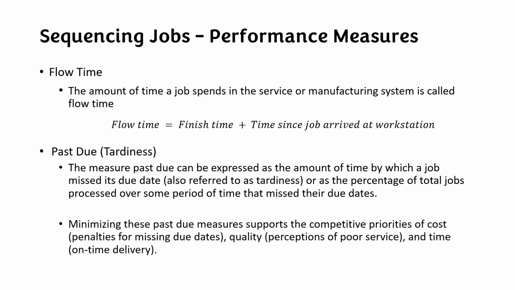Minimizing these past due measures supports the competitive priorities of cost, quality, and time. Now, there are many job sequencing rules that can be used, for example, first come, first serve, earliest due date, and shortest processing time. We will focus on the first come, first serve method in this video.